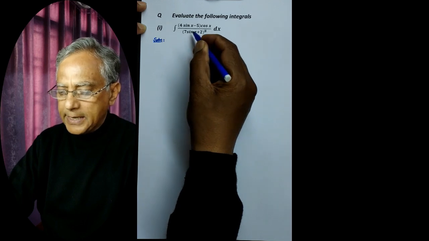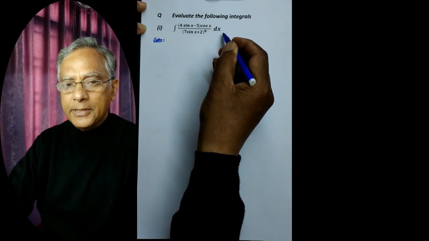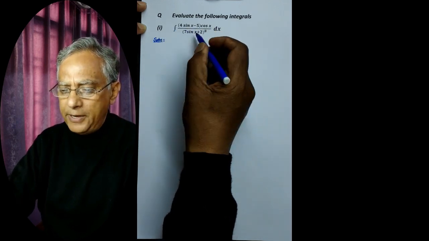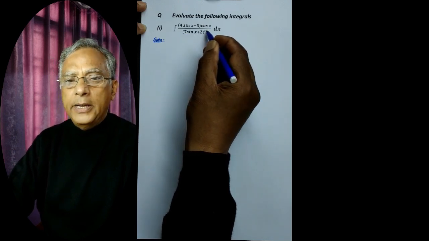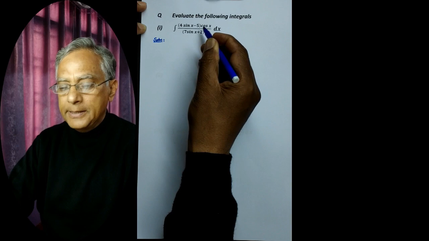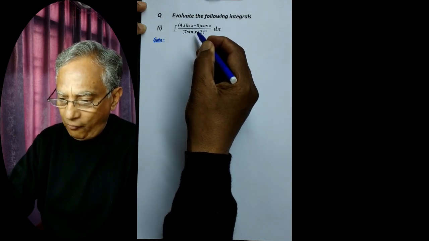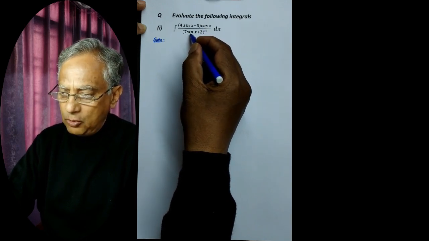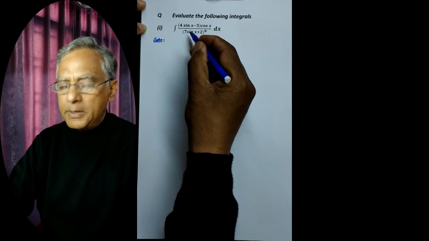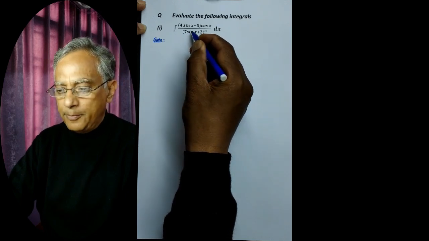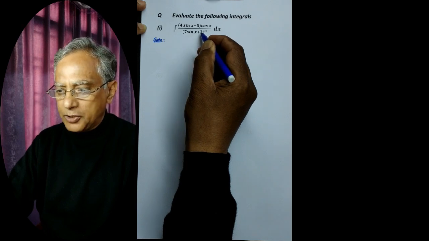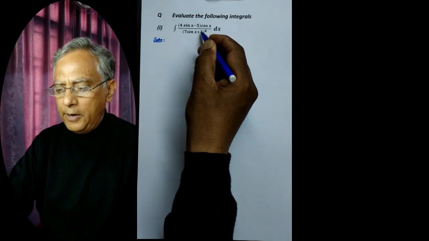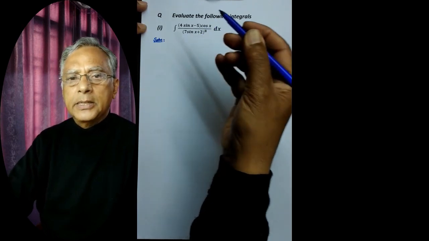So cos x dx will be dt by 7. 7 will come out and we will have in the denominator t to the power of 8, which will be very simple. So instead of putting sin x equal to t, if we put 7 sin x plus 2 equal to t, the question will be much more simplified, because the differential of a constant is 0. So we will take this along with the substitution.